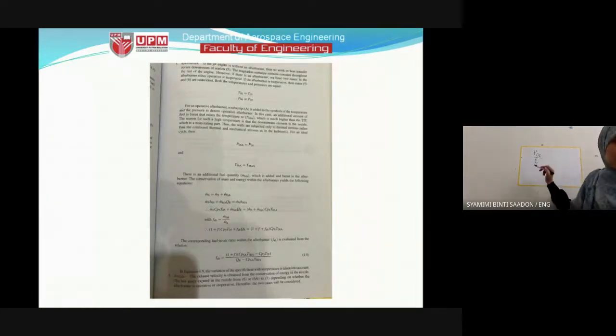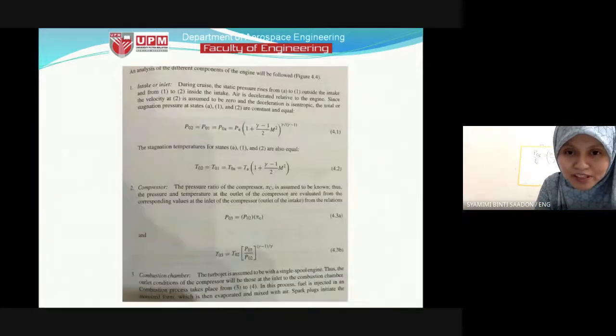So P total 6 over PC equals (gamma plus 1 over 2) to the power of gamma over gamma minus 1. This equation comes from the same equation as this one, the first equation, the general equation in the diffuser or in the nozzle.